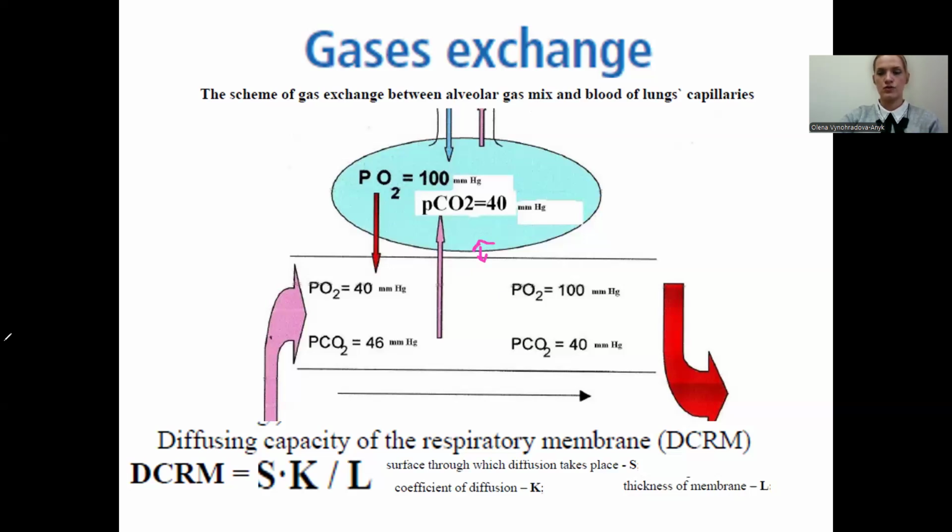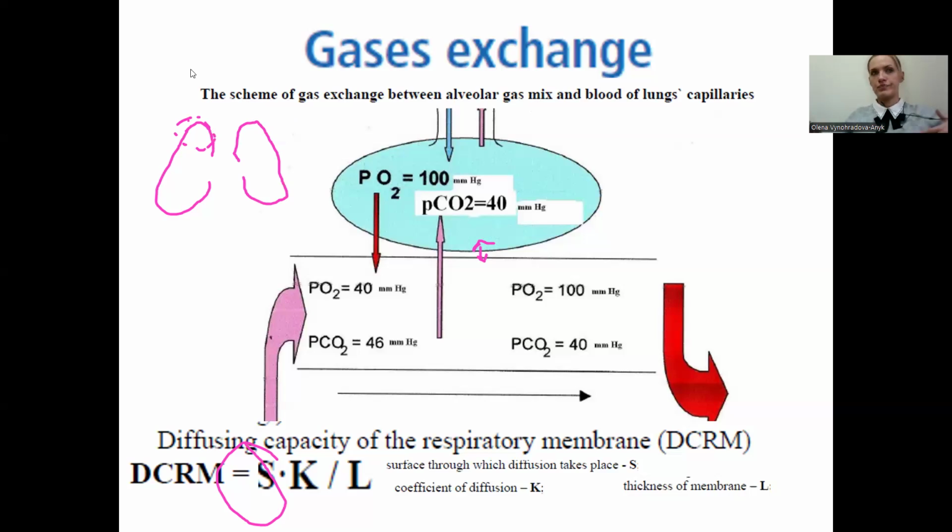During physical exercise, the surface through which diffusion takes place could change, because I told you that in the top of our lungs, in a state of rest, we do not have gas diffusion. But during physical exercise, it happens also. That's why the surface for gas diffusion increases.